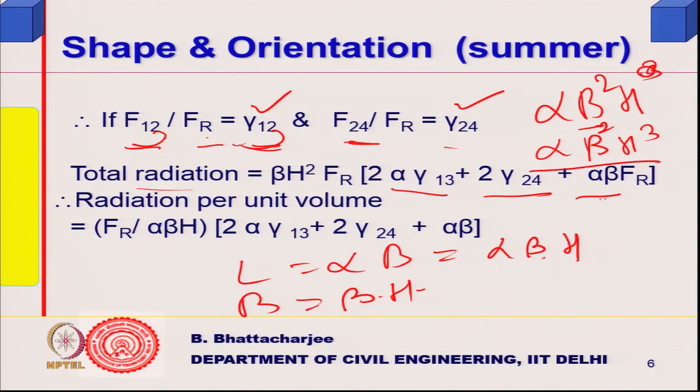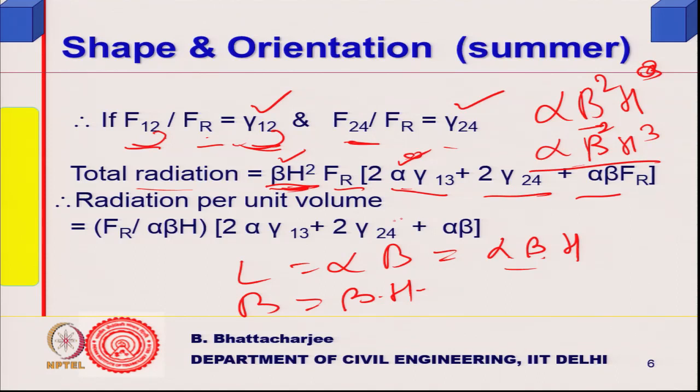So, total radiation per unit volume I can calculate out. If you remember, total radiation was b h square f r. So, I take out alpha beta, alpha is not coming out, sorry. Beta will get cancelled out because I will divide by alpha beta square.